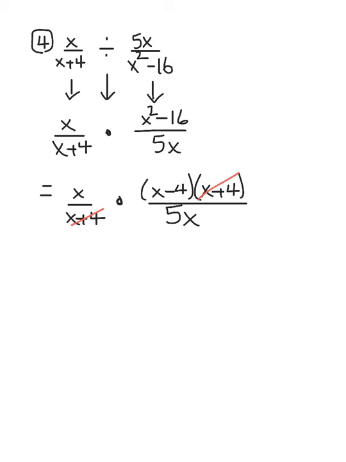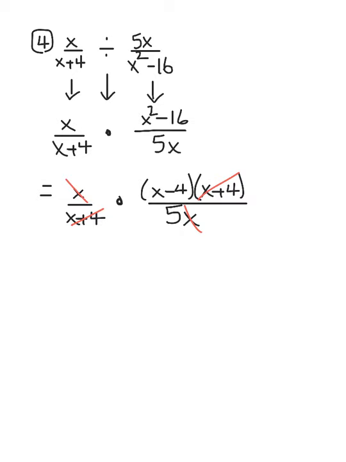Now the other thing that I also see is I have an x here, and I have a 5x here. Okay, so I can cancel the x here and the x here. Now that keeps the 5. Keep in mind that this is really 5 times x. So I can cancel this x with this x, but we would keep the number in front.